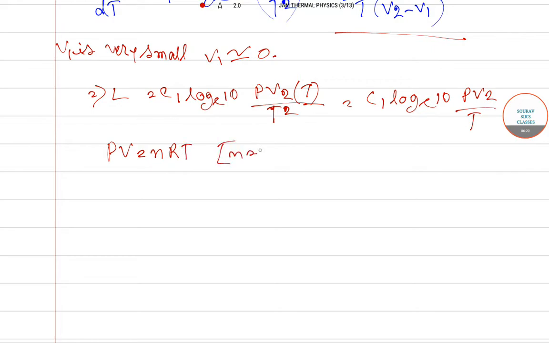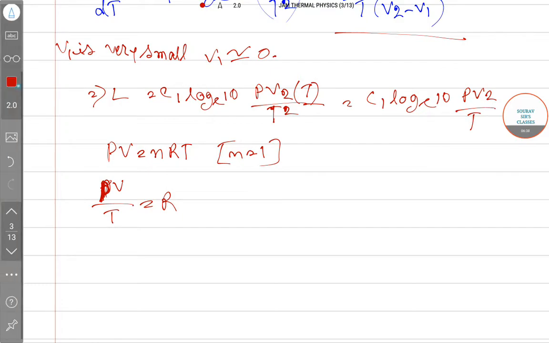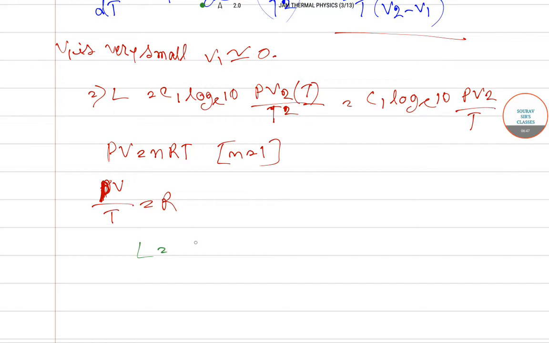For n equal to 1, we can write PV by T is equal to R. As R is constant, PV2 divided by T is equal to R.